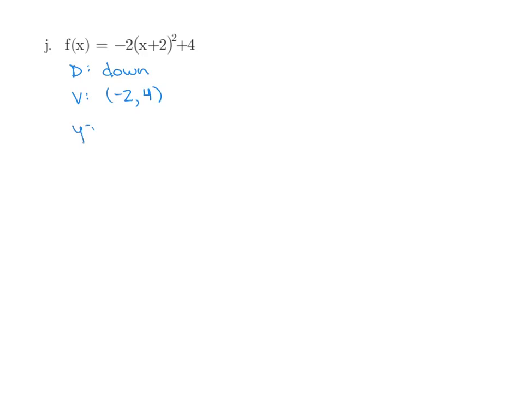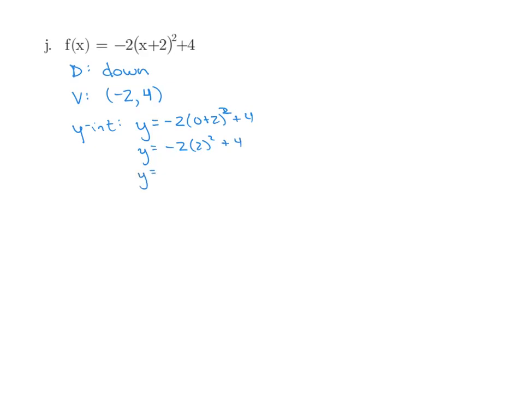And then the only thing that we need to do some work on is our y-intercept. So I'm going to plug in 0 for x. We get -2 times (0 plus 2) squared plus 4. We simplify inside the parentheses. We get negative 2 times 2 squared plus 4.